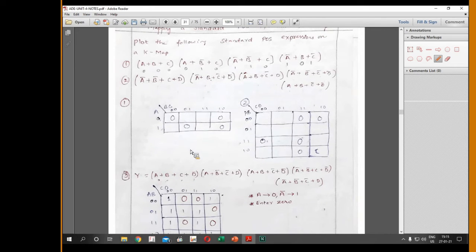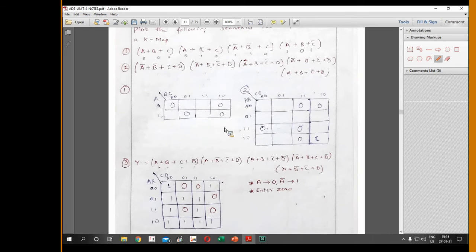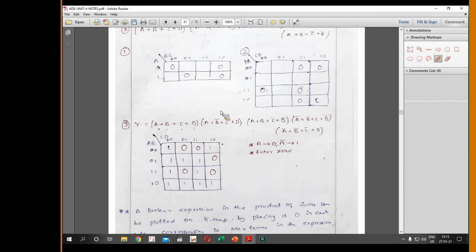Next, this is the mapping of a function using your maxterms, so three variable, four variable. Functional values we placed as 0, since maxterms are sum terms whose functional values are zeros. This is your given function, which is in standard POS form, the product of your sum terms.